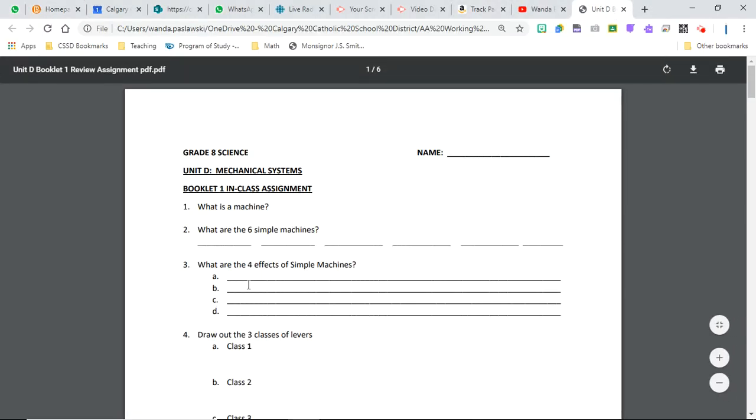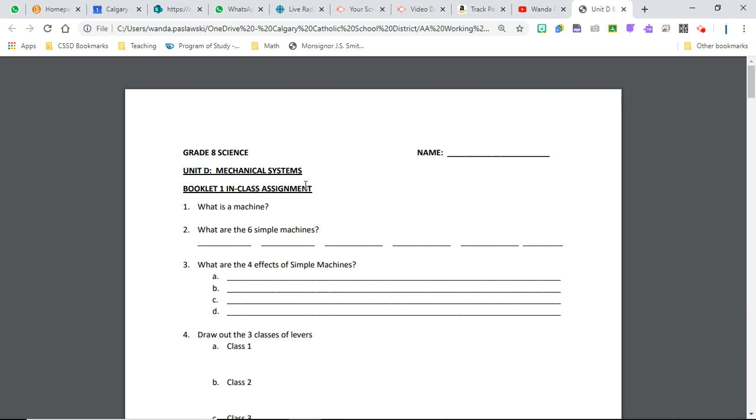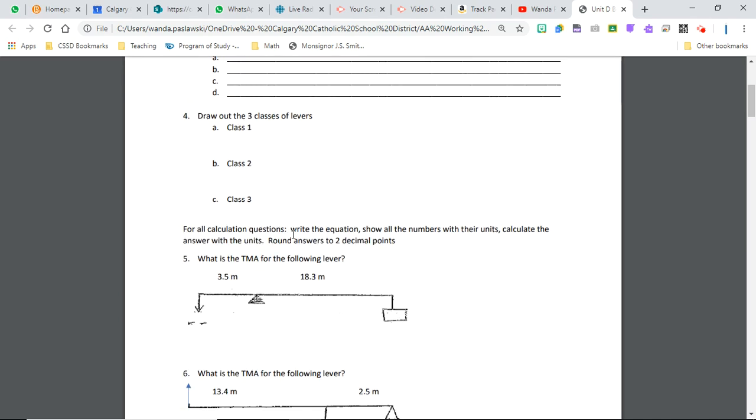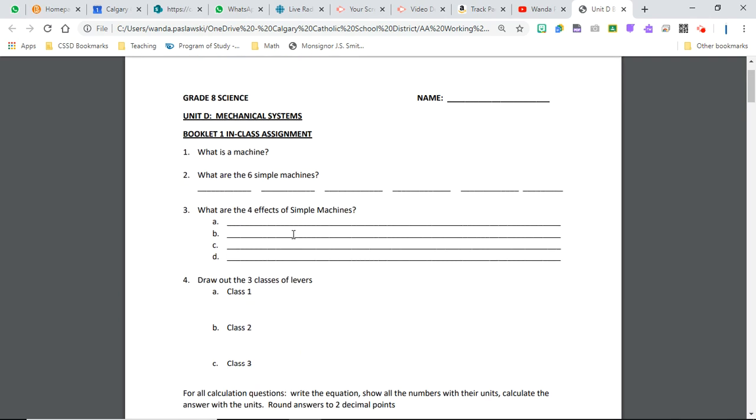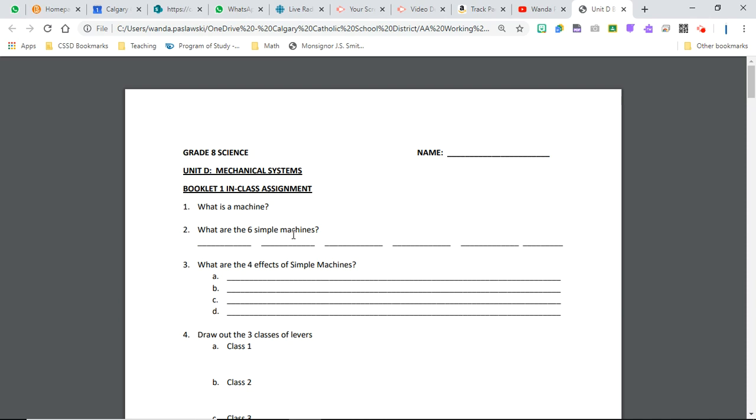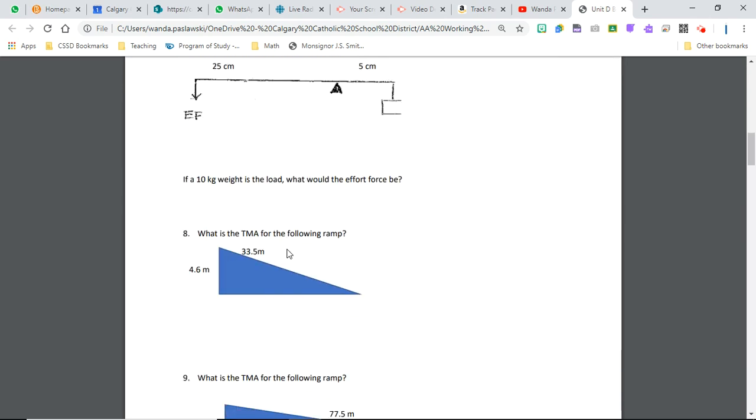Booklet 1. It's not in class because we're doing that at home, but it's an assessment, a review of the whole Booklet 1. So you would print this off. You can get it from content. I'll also put a link, and you can print that off and then answer all the questions.